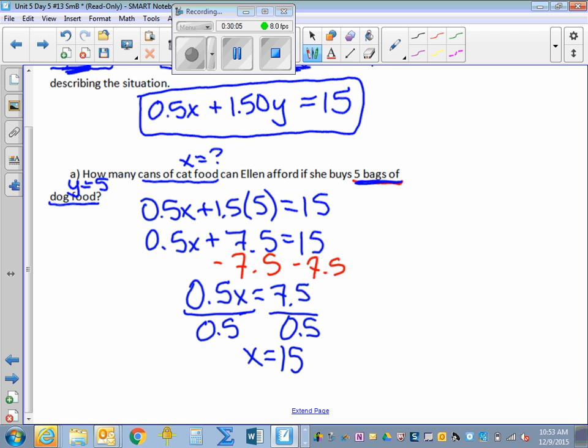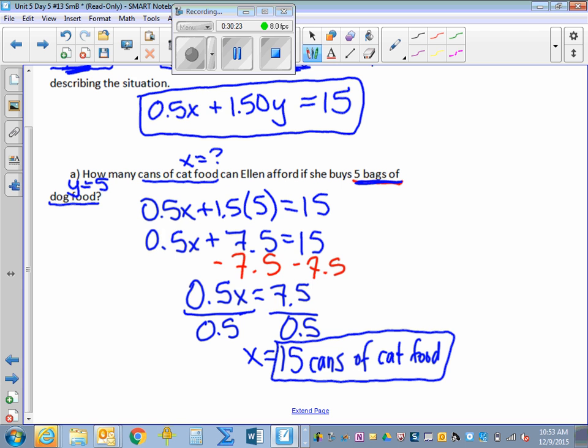What are we talking about here? Cat food. 15 cans of cat food. Okay. And you must label that. We will take off points for you not labeling what you're talking about there. 15 what?